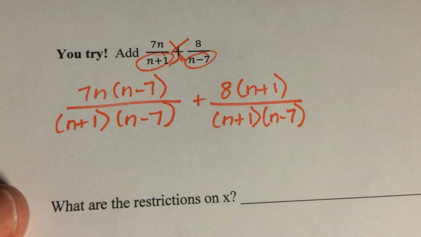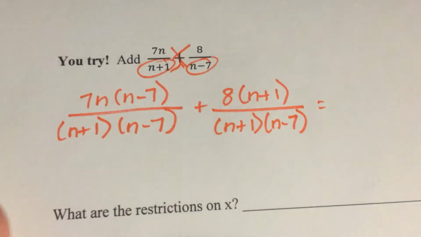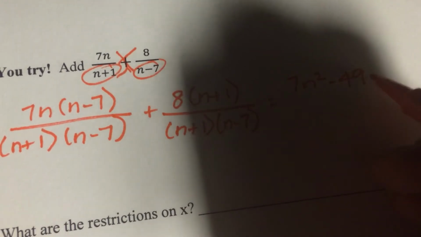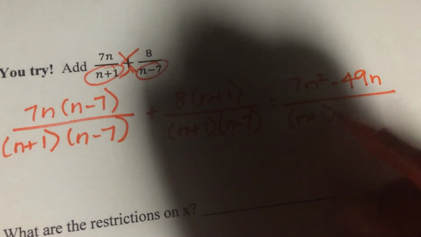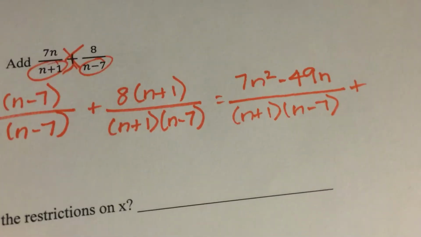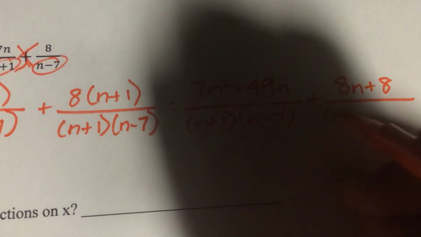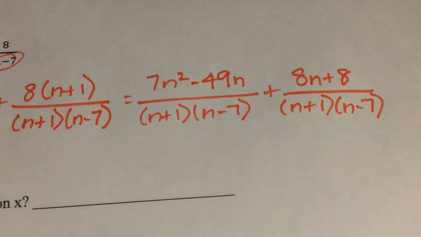Okay? All right, so now I need to simplify my numerators. So that's going to be 7n squared minus 49n over n plus 1 times n minus 7, plus 8n plus 8 over n plus 1 times n minus 7, just like that.